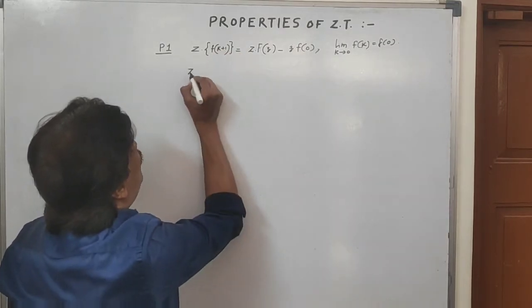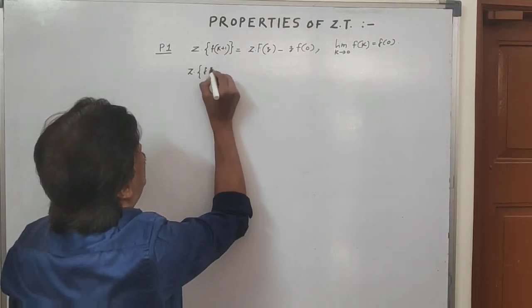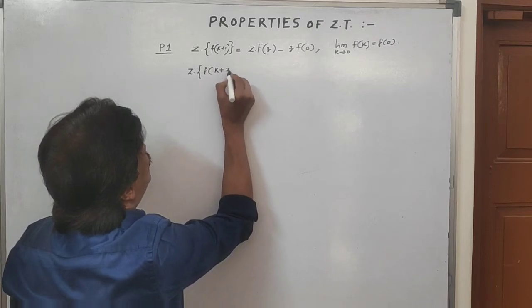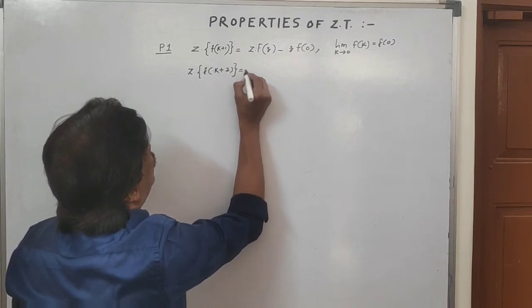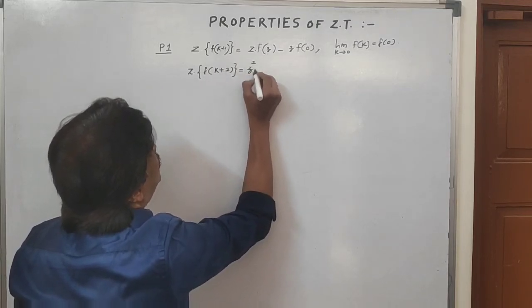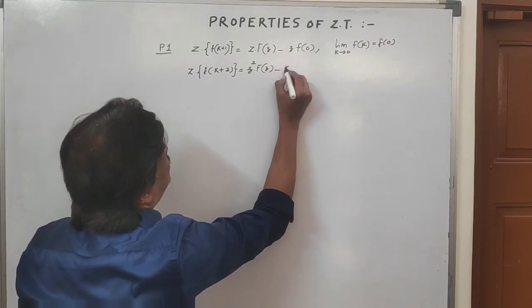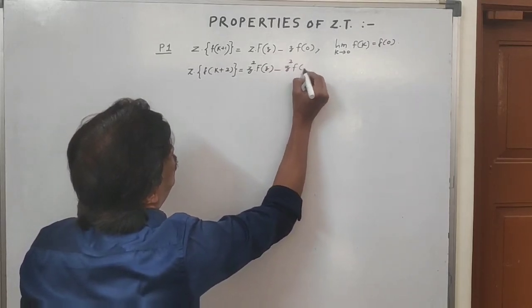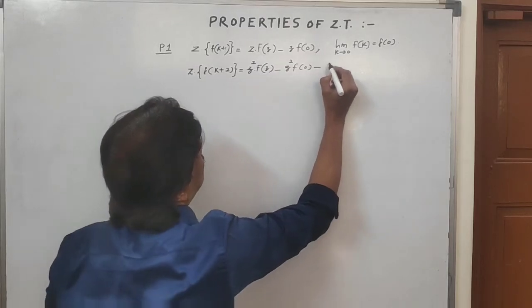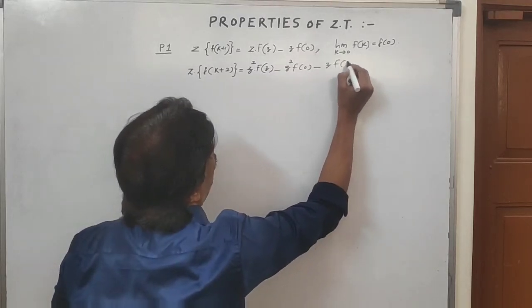Z transform of f of k plus 2 is equal to z square into f of z minus z square into f of 0 minus z into f of 1.